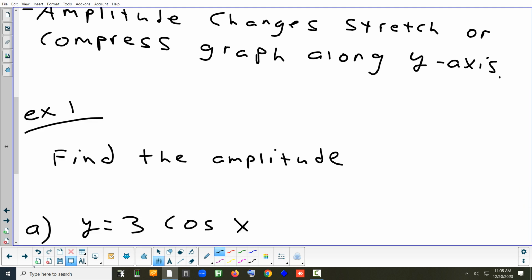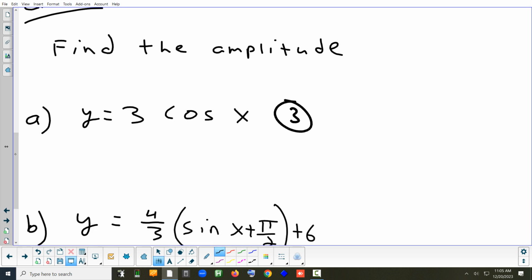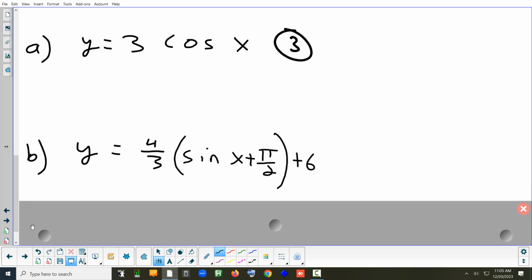So let's just try a couple where we don't even graph it, just find the amplitude. Okay, y equals 3 cosine x. What do you think the amplitude is? Yeah? 3. All right. How about 4/3 sine of x plus pi over 2, plus 6?